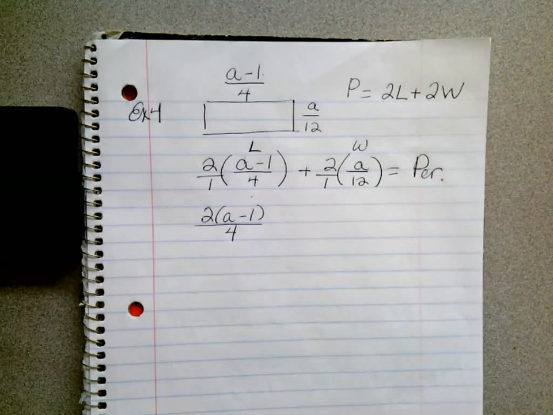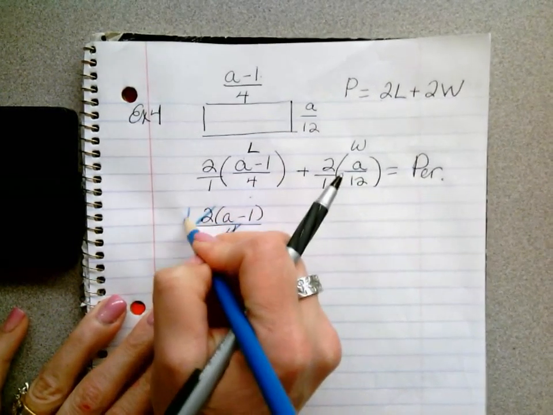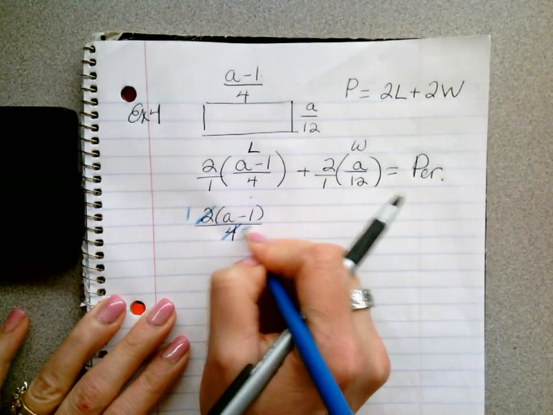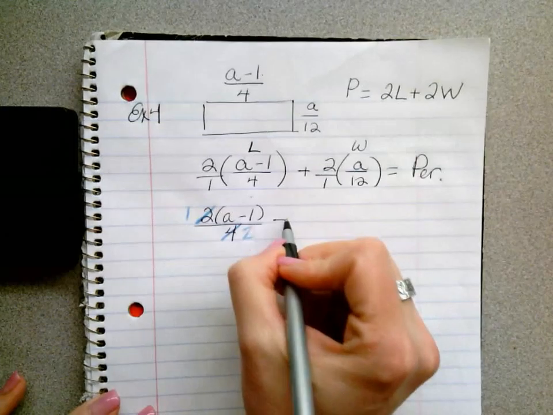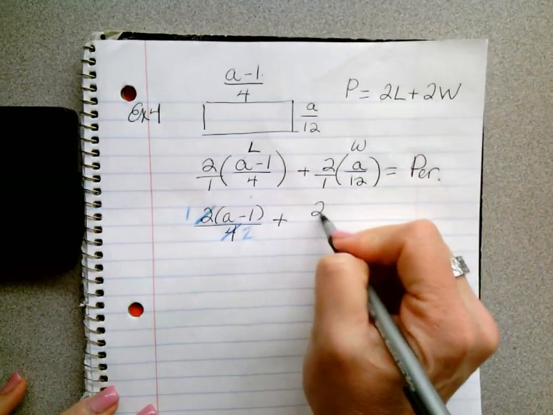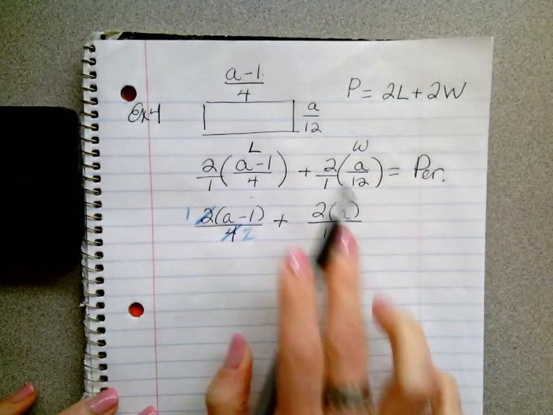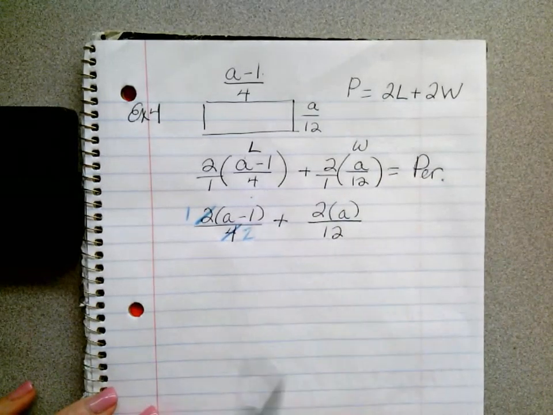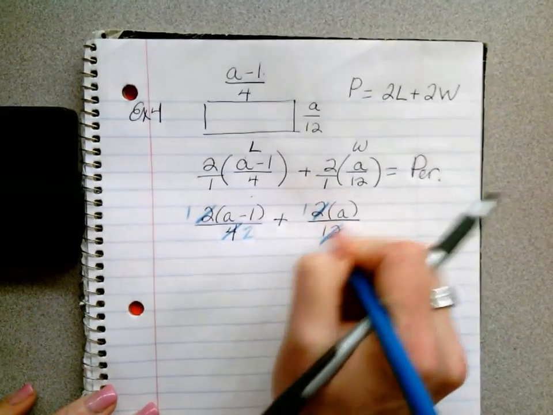Just easier. And that's how they did it. That becomes a 1, that becomes a 2. Okay, 2/4 is 1/2. Added to 2 times a over 12. I'm leaving it that way. 1 times 12 is 12 because I'm going to reduce it. 2 becomes a 1, 12 becomes a 6.